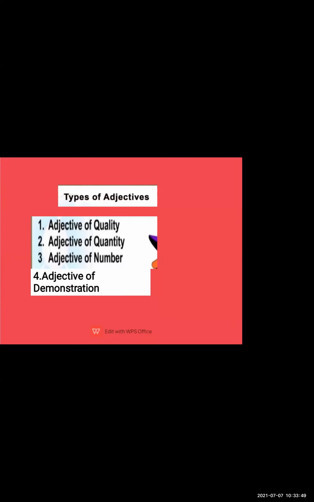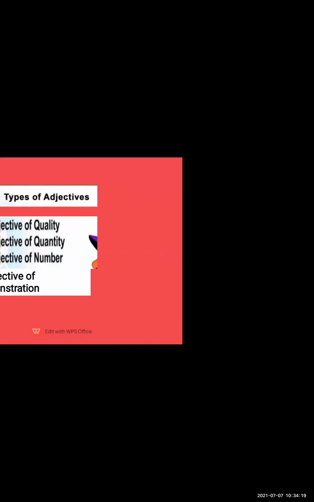Once you understand the concept of adjective and how to identify it, the types of adjectives are very easy. See, these are the types of adjective: adjective of quality, adjective of quantity, adjective of number, adjective of demonstration. Now, adjective of quality is the same thing which I have explained just now. If you start describing the quality of that particular noun or pronoun, that is the adjective of quality.